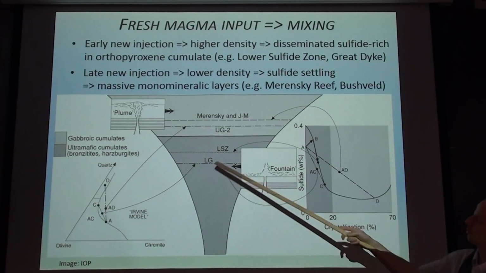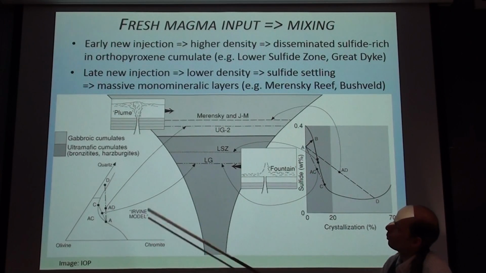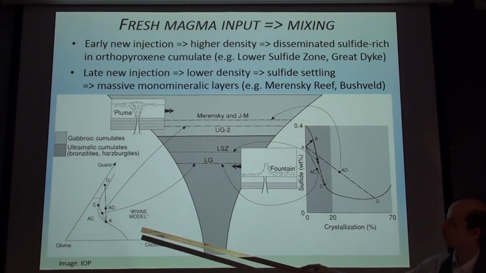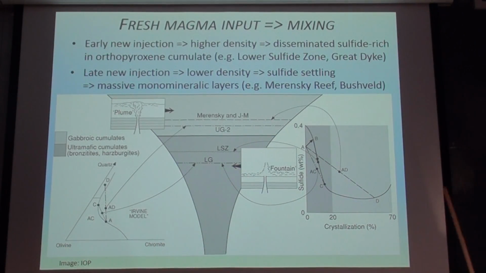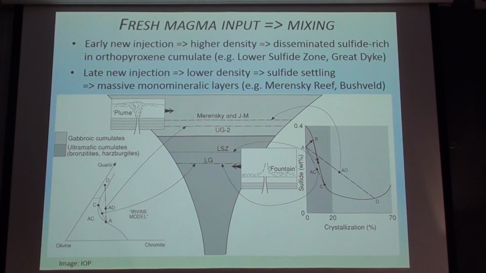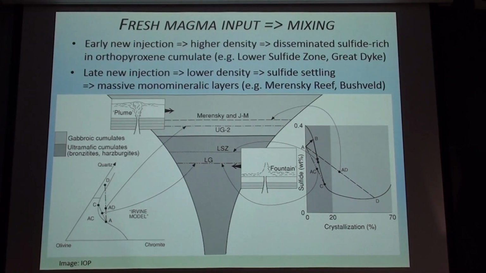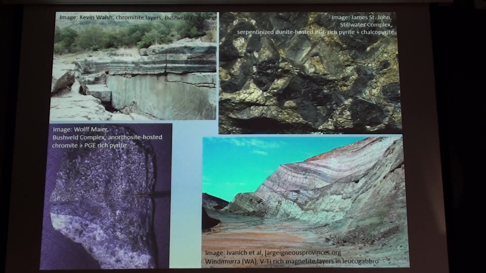On the other hand, if we inject a new magma later in the history, we get A, better mixing dynamics, and B, also greater oversaturation of the oxides, and so we can form these economically viable, interesting massive sulfides and massive oxide deposits, as you can see in these images.